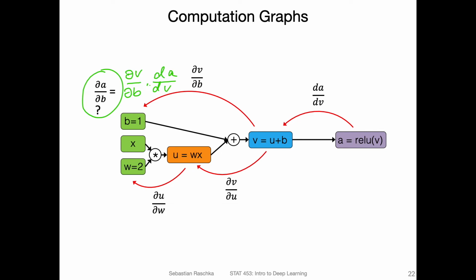This is a thing mathematicians usually don't like, but we can actually cancel these. This is why we get this one using the chain rule. We can also do this here at the bottom, for this part. So the derivative of A with respect to W would be putting all these together.